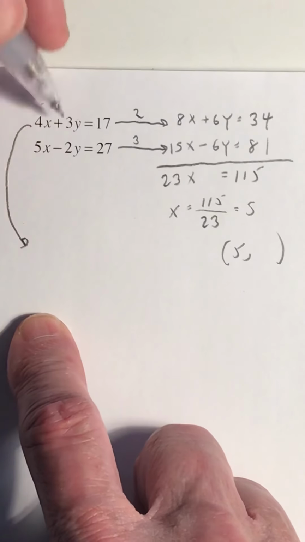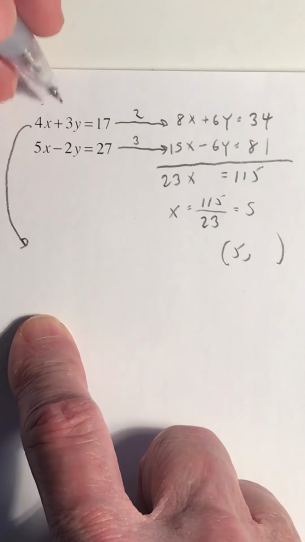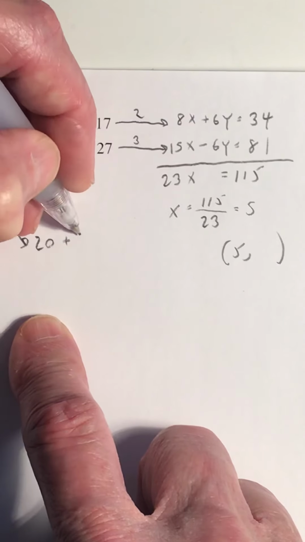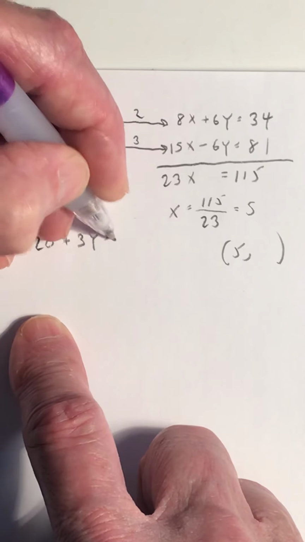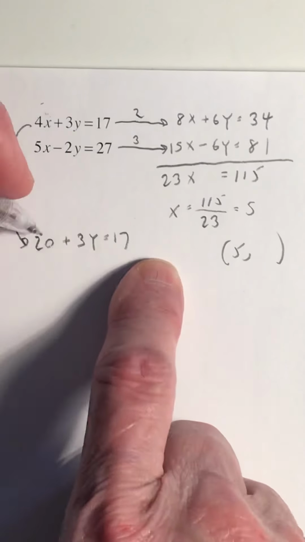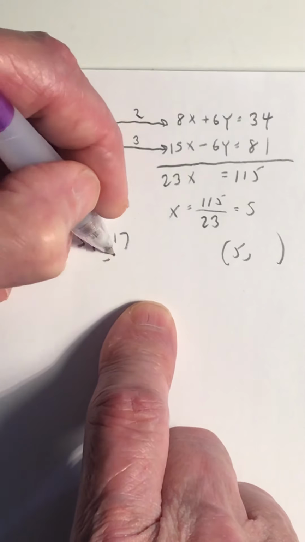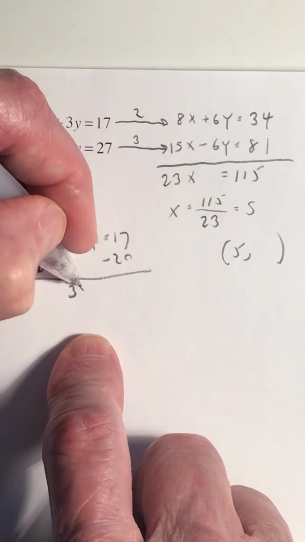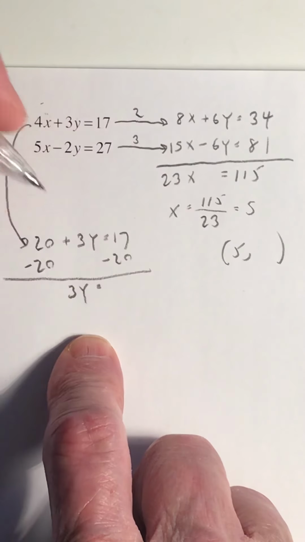If I substitute 5 for x, 4 times 5 is 20. We have 20 plus 3y equals 17. If I take away 20 from both sides, notice I'm writing this out, not doing it in my head. That leads to trouble.